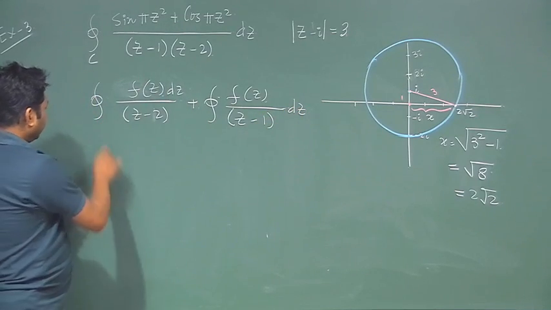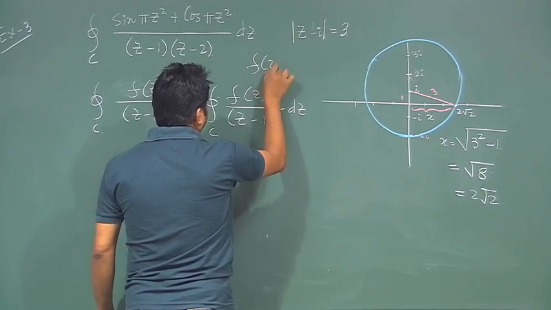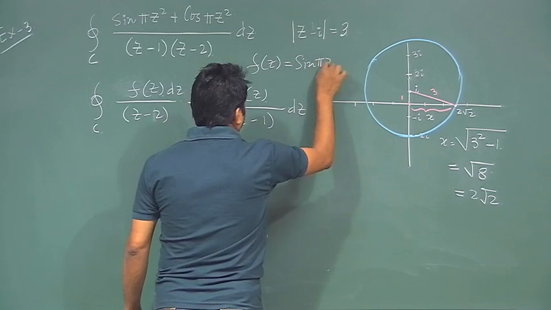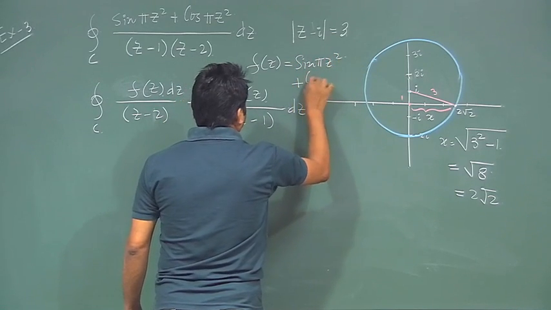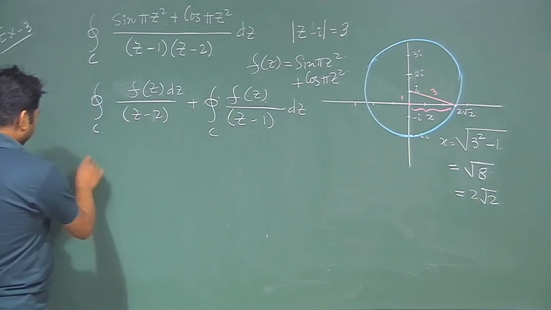Just factorize these two, where my f(z) is sin(pi z square) plus cos(pi z square). Okay. Now, I put the value.